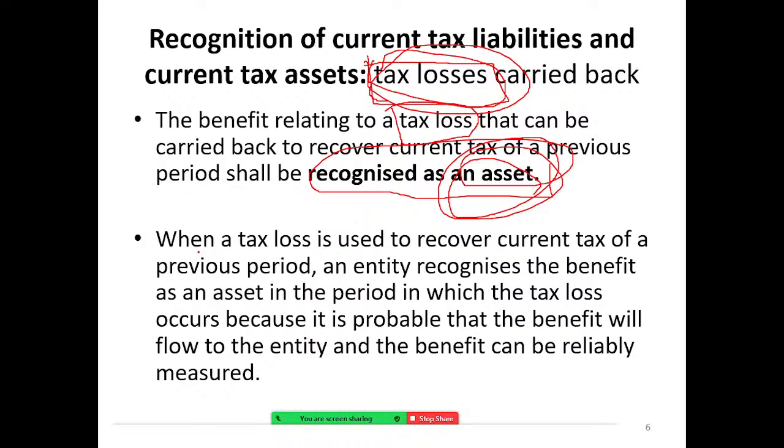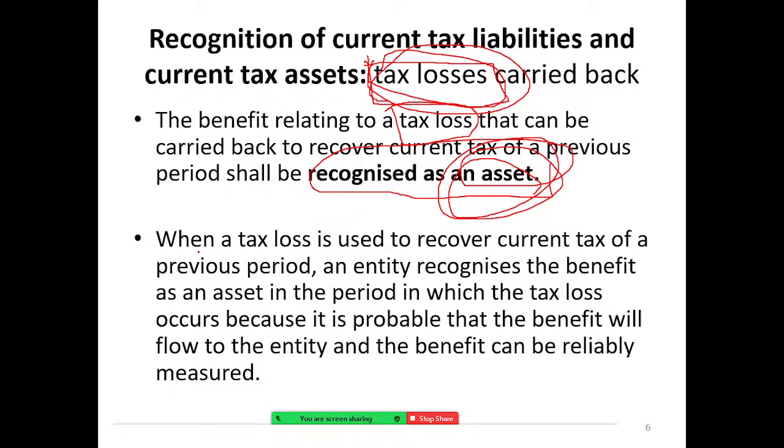So when a tax loss is used to recover current tax of a previous period, an entity recognizes the benefit as an asset in the period in which the tax loss occurs, because it is probable that the benefit will flow to the entity and the benefit can be reliably measured. So it meets the criteria to be recognized as an asset.